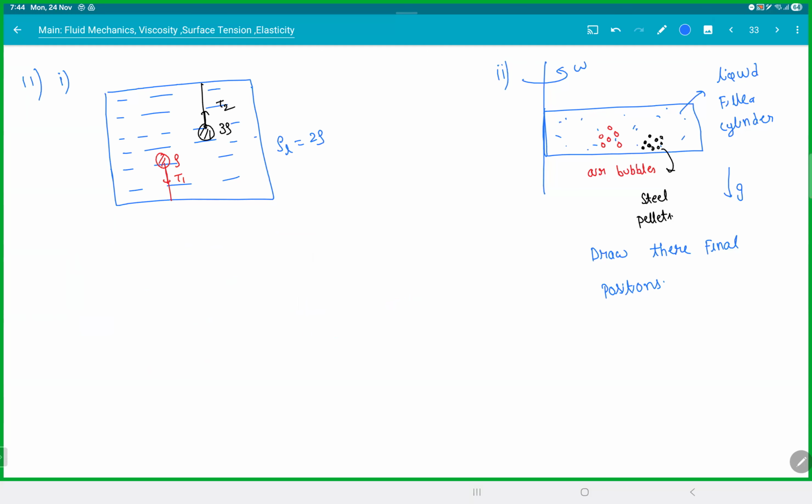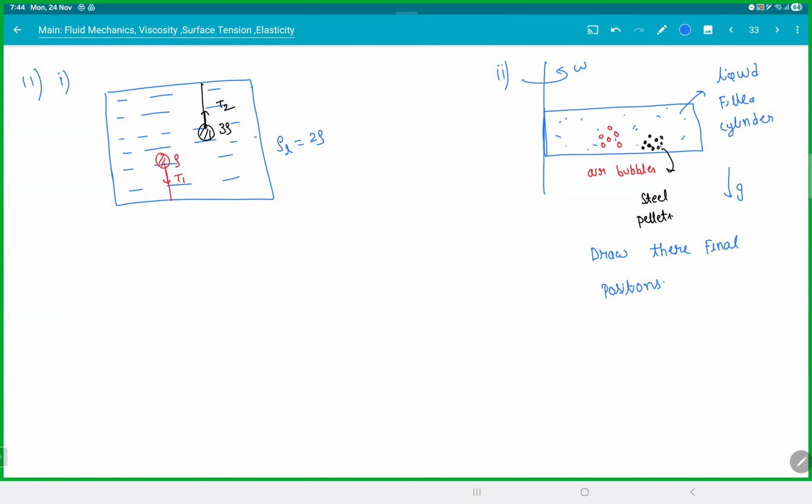If you actually try to calculate the tensions, you will realize for T1, this will be your buoyant force, and this is your m1g. So T1 will be the buoyant force, which is 2 rho Vg, minus weight, which is rho Vg. So tension is rho Vg.